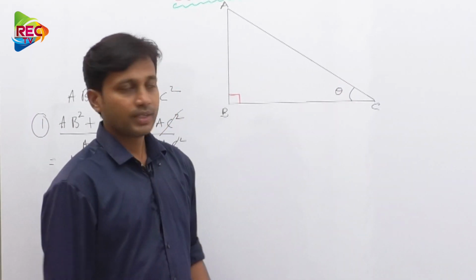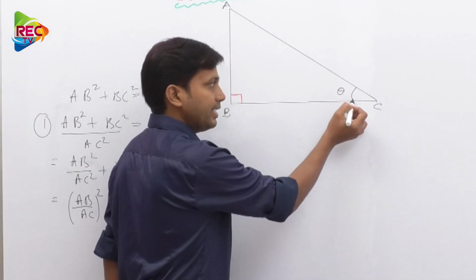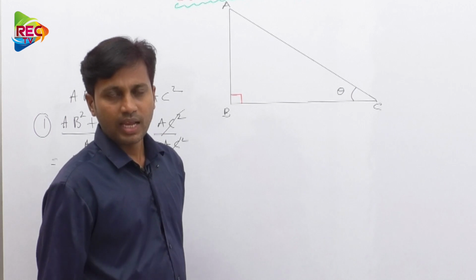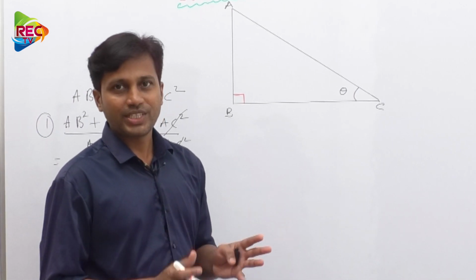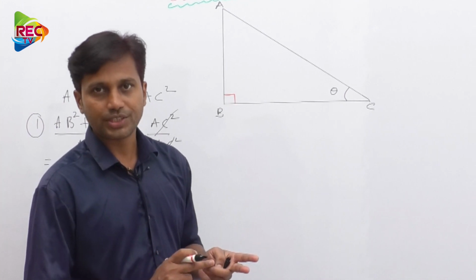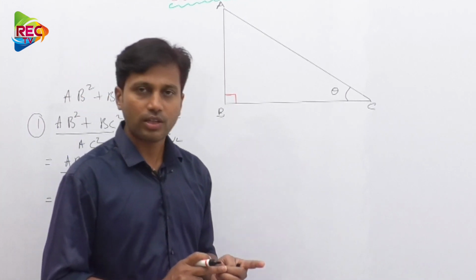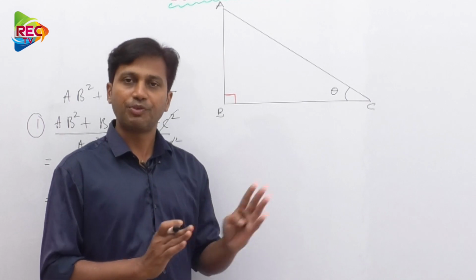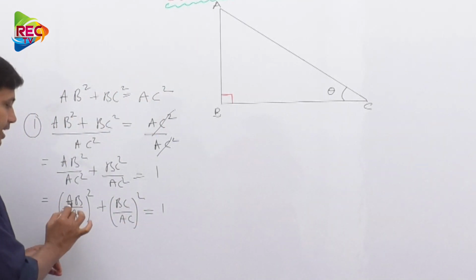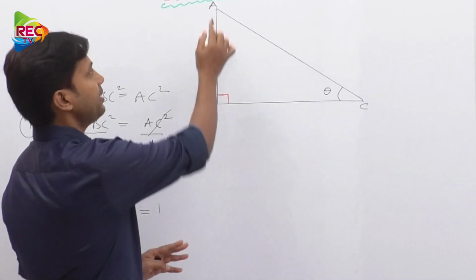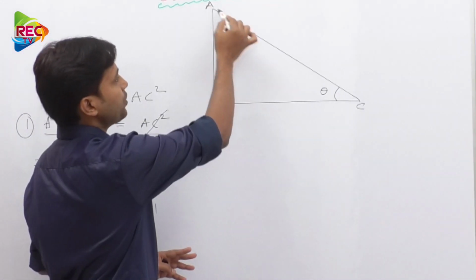Just observe here: at the vertex C, theta is found. And you know the basic trigonometric ratios, which are the sine ratio, the cos ratio and the tan ratio. You might have the knowledge of all these ratios before. So now let us see AB by AC. Which is the side AB here? This is AB. And AC means this one.